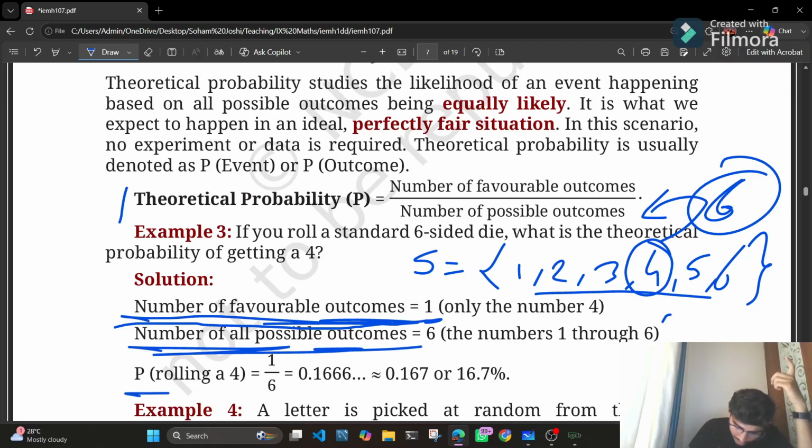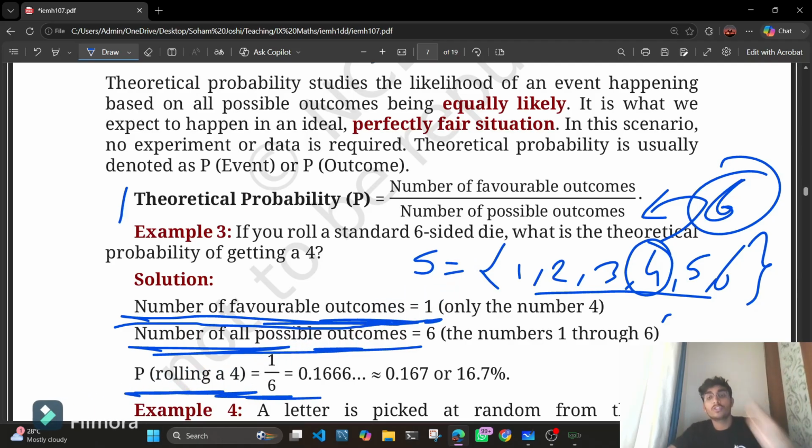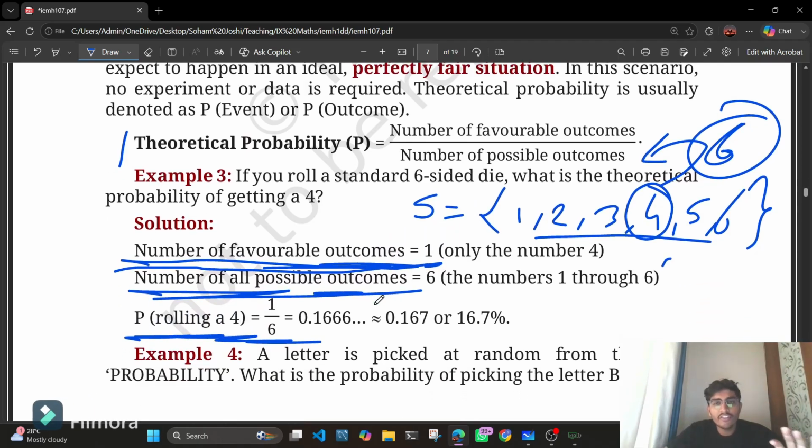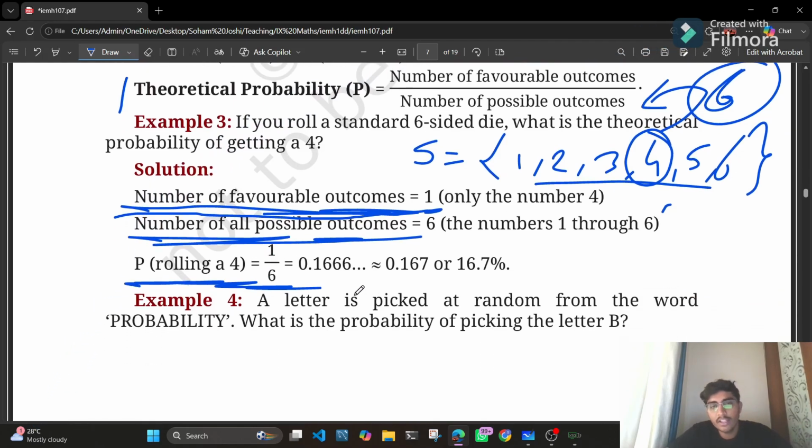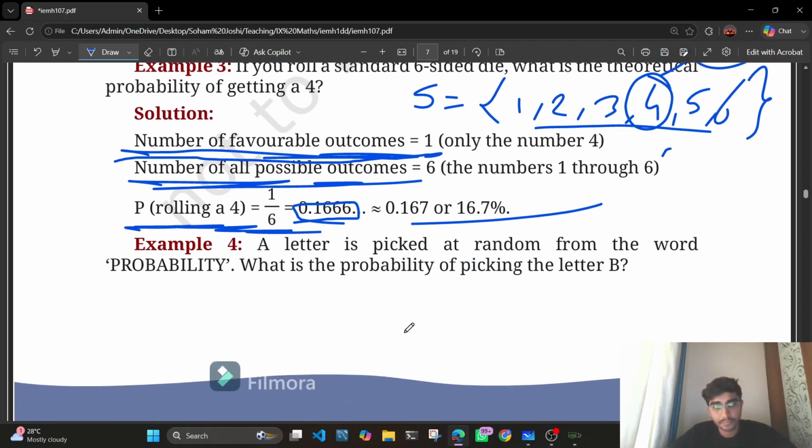Therefore, the probability of rolling a 4 is 1 by 6, number of favorable outcomes upon number of possible outcomes. So the probability is 0.1666, or maybe we can write it as 16.7 percent.